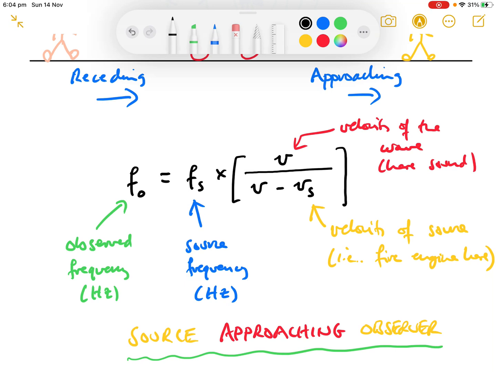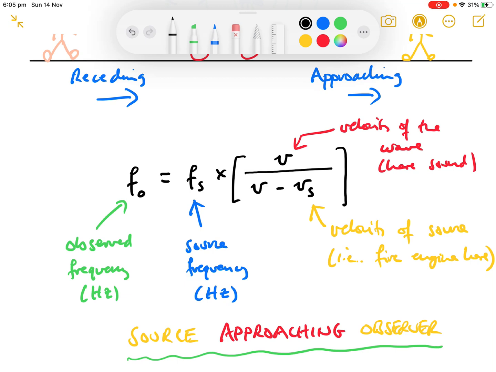That's multiplied by this modifier term in the brackets. If we look at the modifier term for the approaching sound source, on the top line we have the velocity of the sound wave itself, the 340 meters per second for sound in air, and we're dividing that by the velocity of the sound minus the velocity of the source. That's the source of the sound waves.